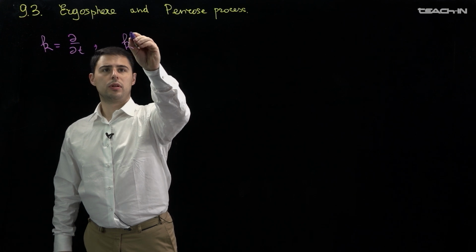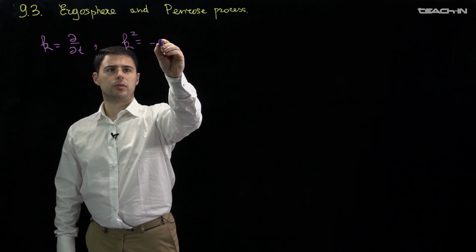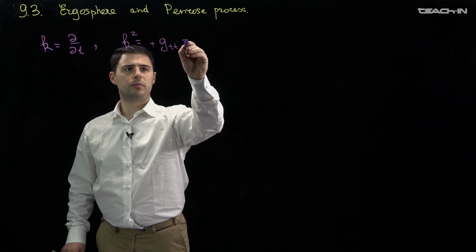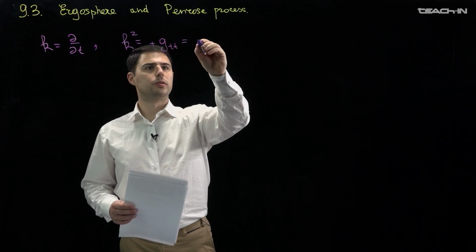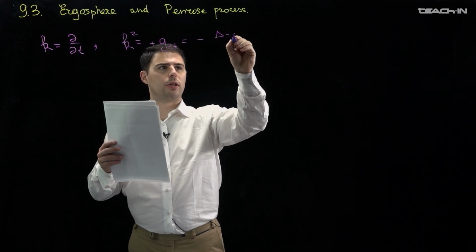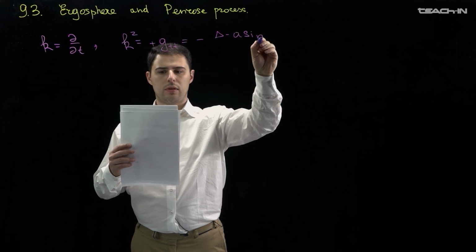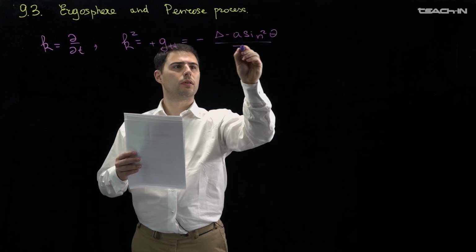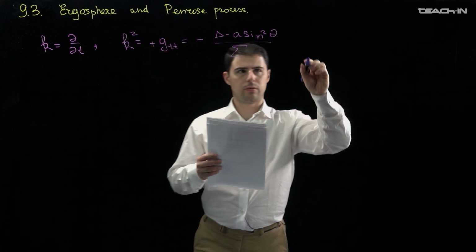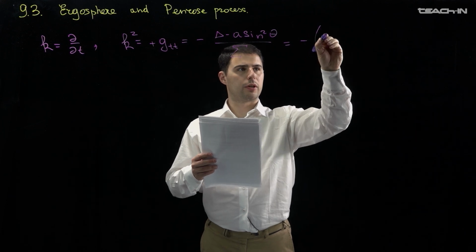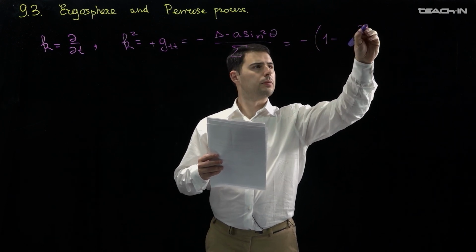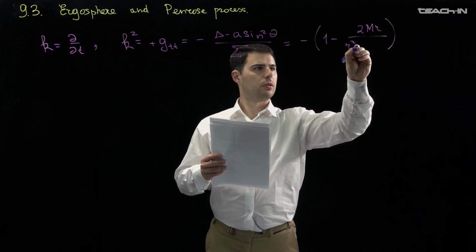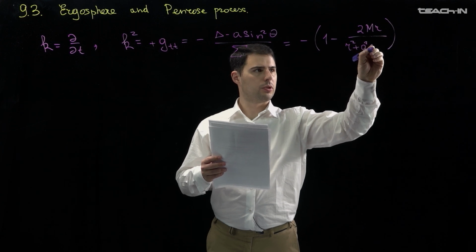K squared equals minus g_tt, equals minus (Δ minus A sine squared theta) over Σ, equals minus 1 plus 2mr over (r squared plus a squared cosine squared theta).